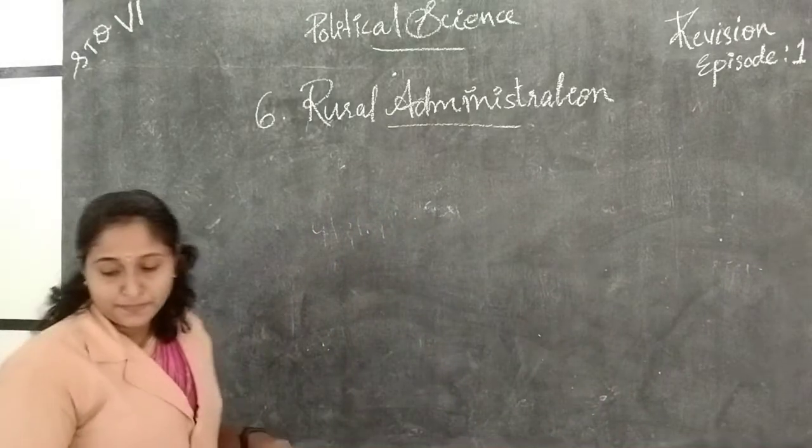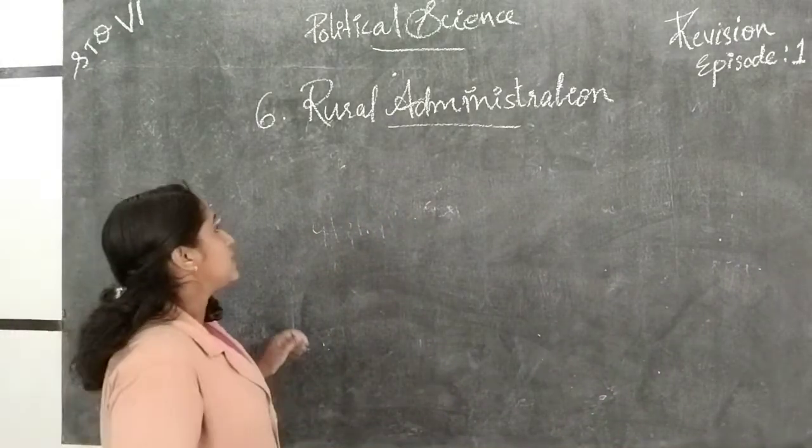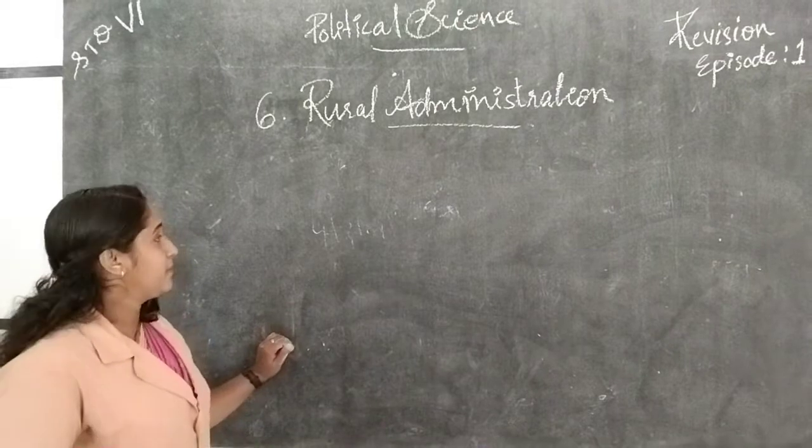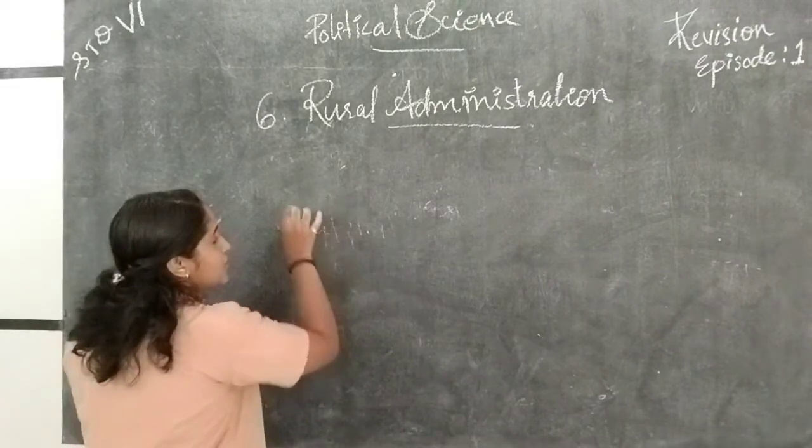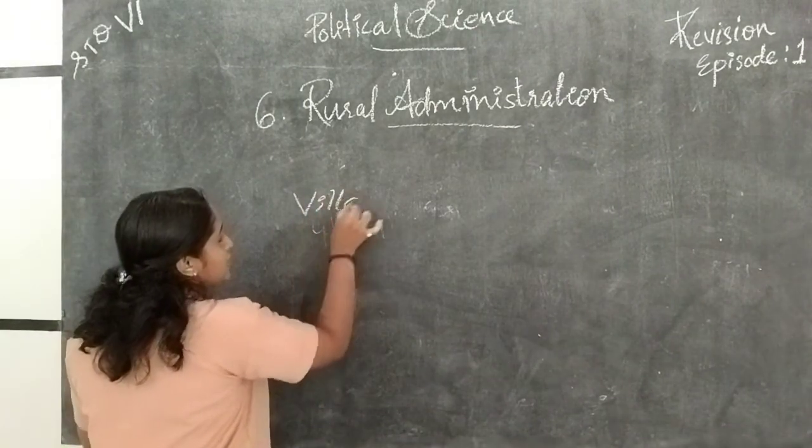Once again, what are the main concepts of this chapter? The first one, the rural administration, that means the village administration.